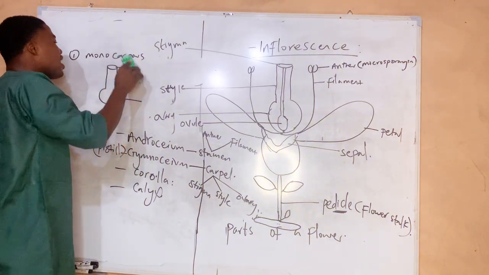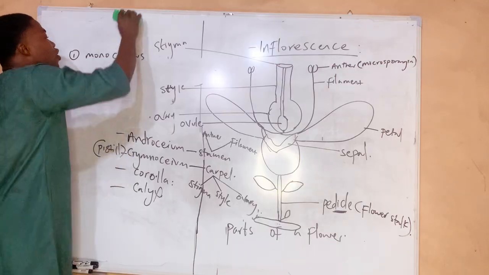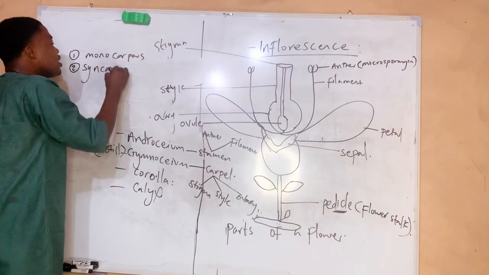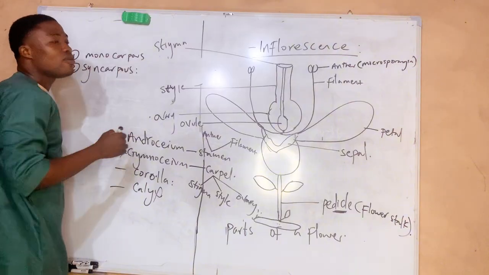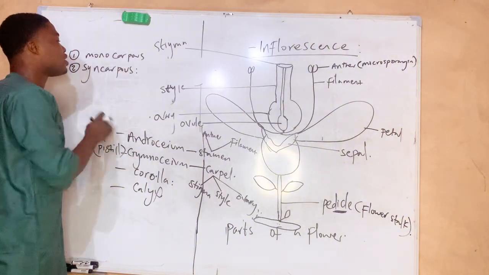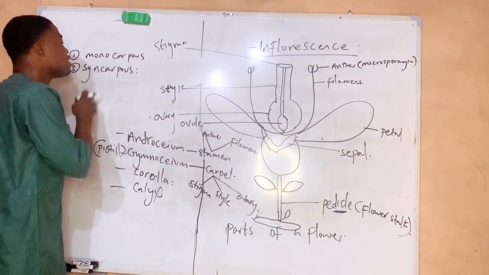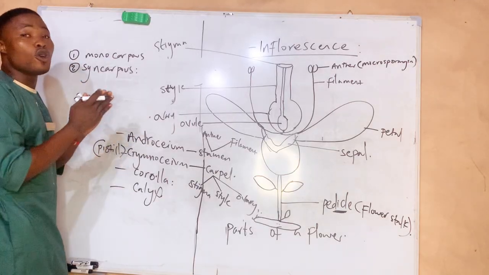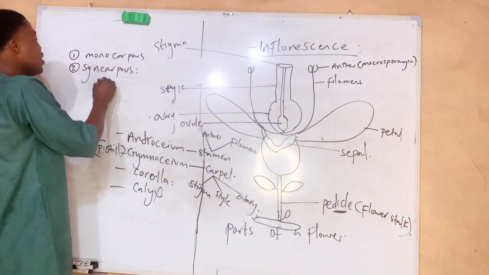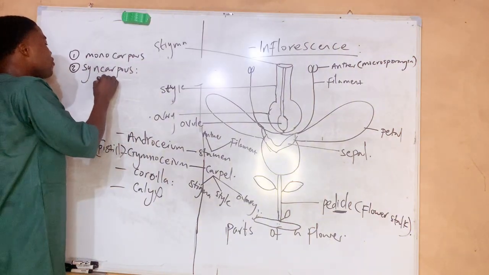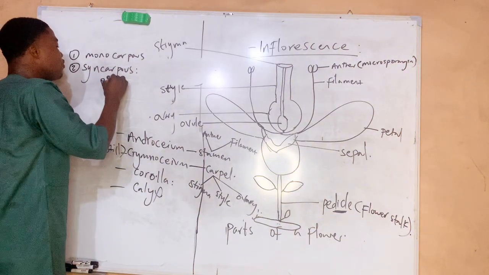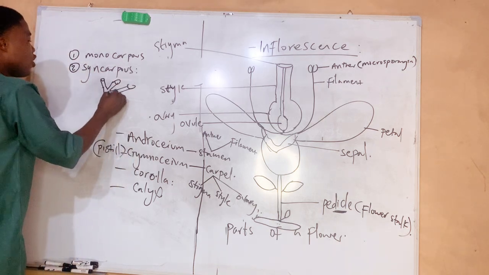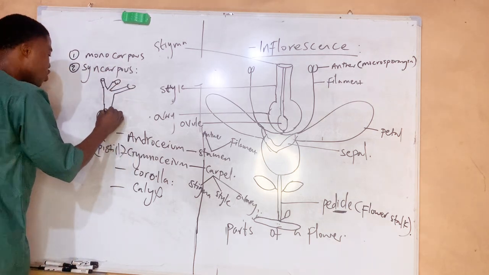Now, pistils can also be syncarpous. What does it mean to be syncarpous? To be syncarpous means many carpels that are fused. It is a combination of two or more carpels fused to unite and form a single ovary. Different carpels, but they all unite to form a single ovary.